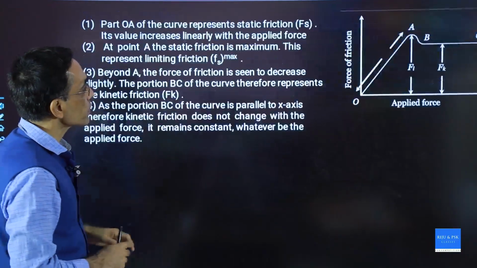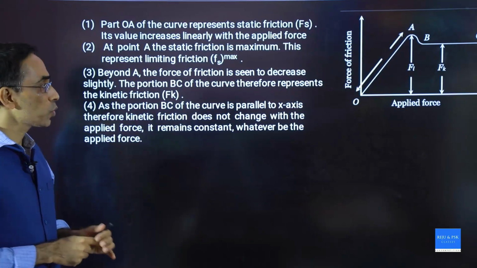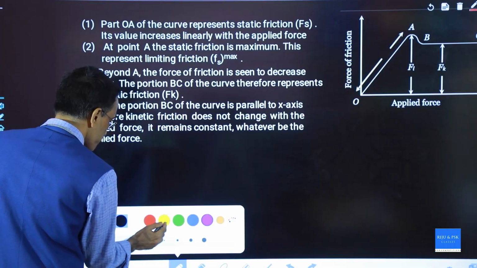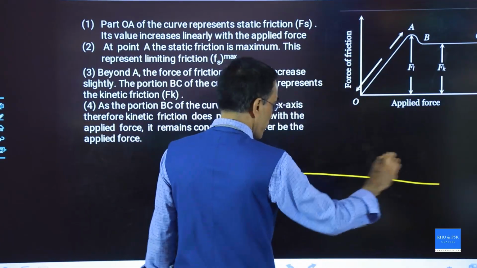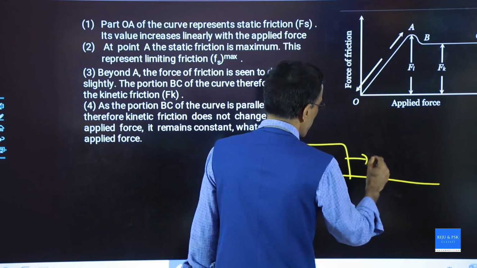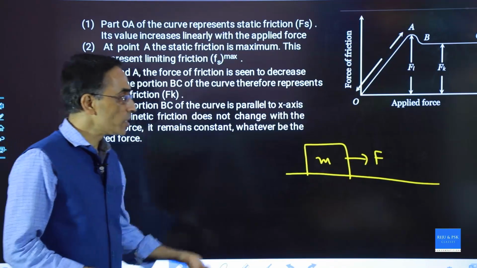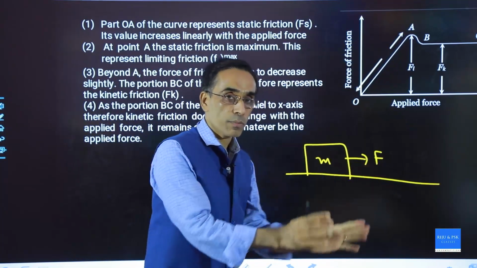Okay. Now, if you do an experiment, I will tell you what to do. Consider that there is a level surface, and consider that there is a body of mass m. You start applying a force F. Initially the value of force is 0, the body will not move.